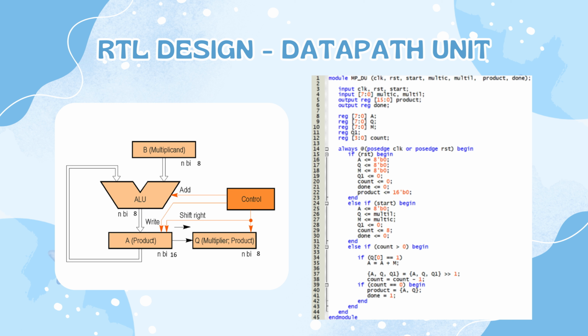For the corrections and improvements, initially there were some issues with blocking assignment, equals, instead of non-blocking assignment, less than equals. Also, the shift operation and counter decrement were not correctly implemented.